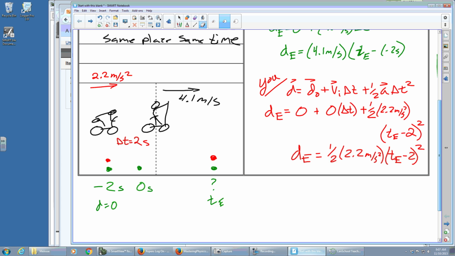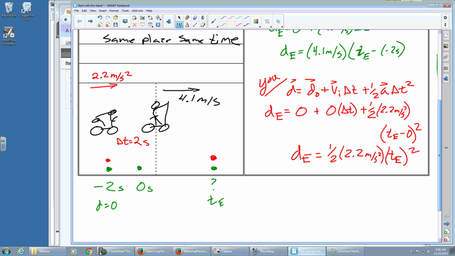And down here, we have t sub e minus 0 squared, which just comes to t sub e squared. So that's the only thing it does to us. Yes? So that might make life a little simpler because this one is squared and that one isn't.